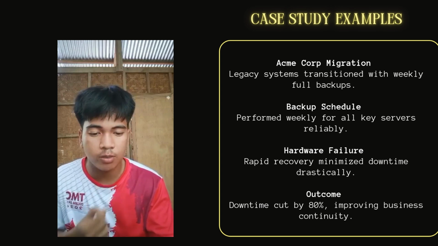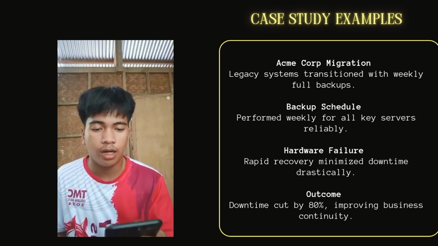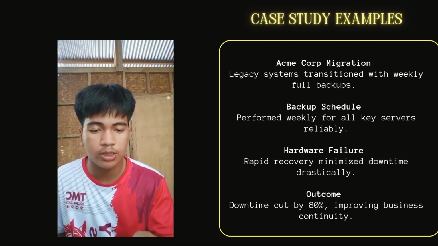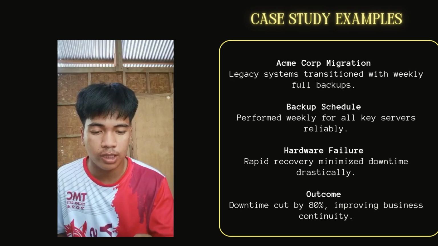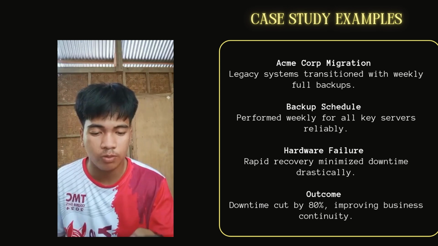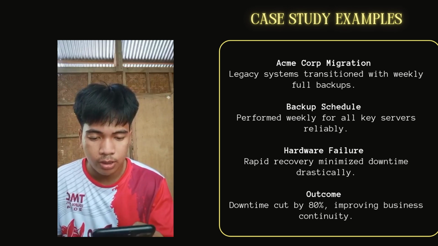In case of hardware failure, you can use it to recover all of your lost data. Because a full backup captures the entire system, including files, applications, and configuration, the organization can quickly restore operations to the last backup point.